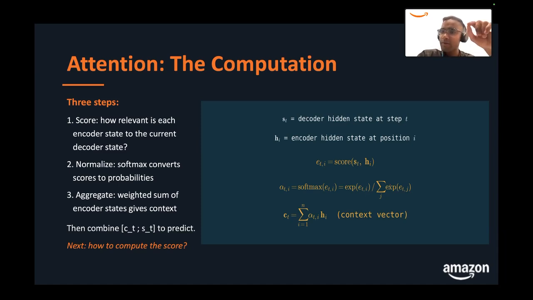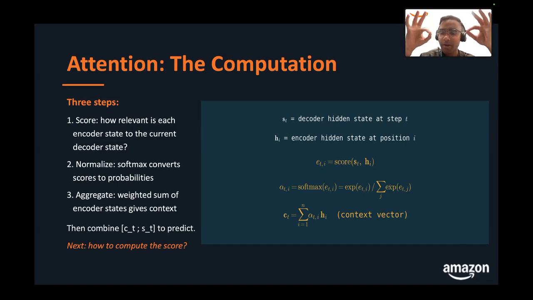I get my relevance scores for that particular decoder hidden state with each and every input hidden state. I get those scores, and I take an average of all my encoder hidden states to get that particular decoder context.